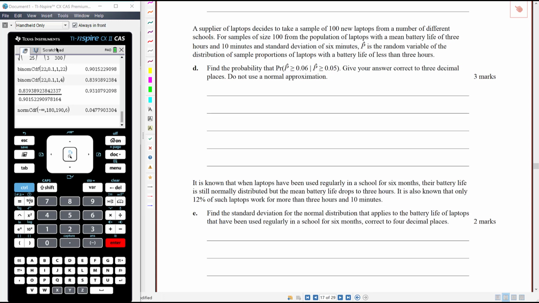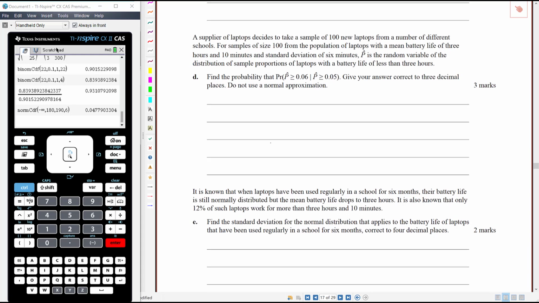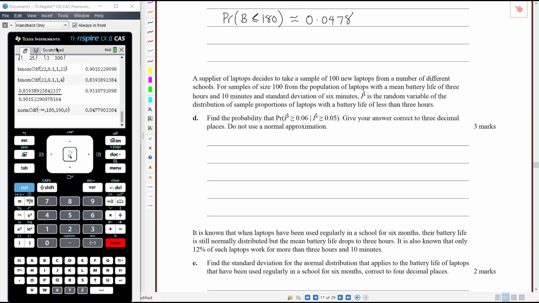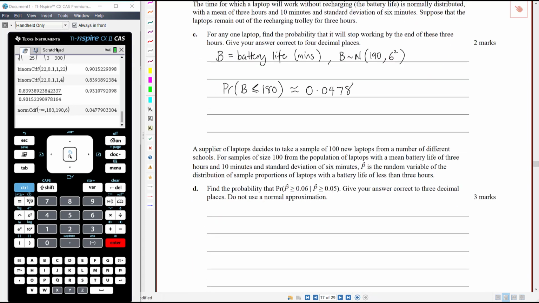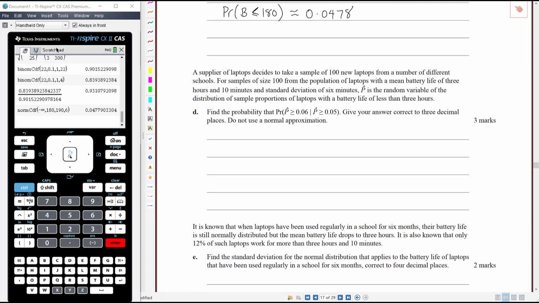Okay, so what we want to know here is we've already got our distribution, so samples of size 100, populations of laptops with a mean battery life of 3 hours and 10 minutes. Okay, so we need another variable here. Now I've already used x and b, so I'm going to introduce a new variable, let's say y. Okay, so y is the number of laptops with battery life less than 3 hours.